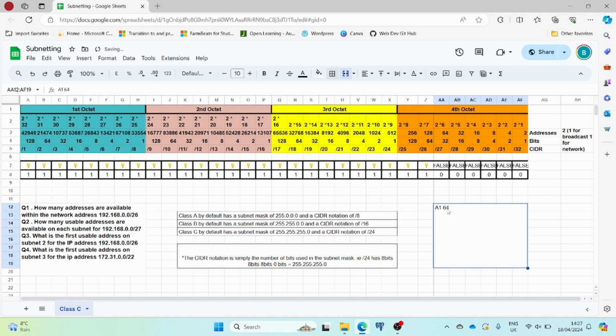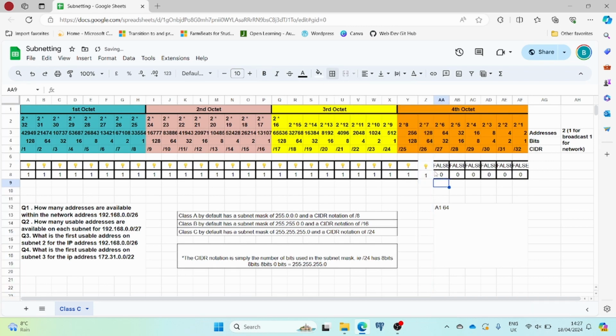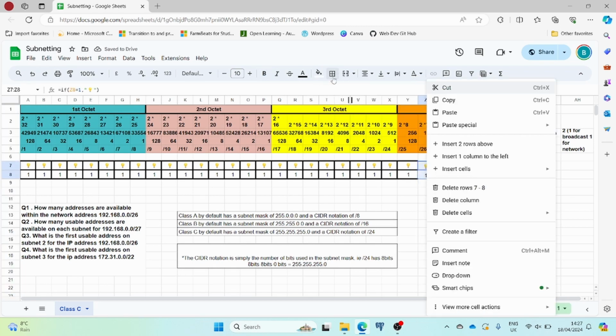Let's move on to question 2. How many usable addresses are available on each subnet for 192.168.0.127? Let's just remove that line for this one. Messed that up a bit, but we'll put that back.